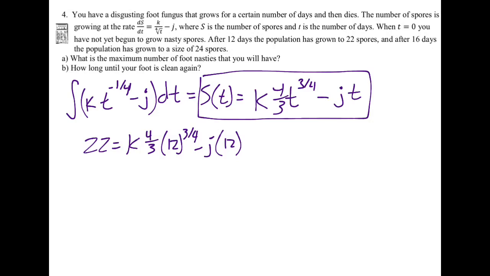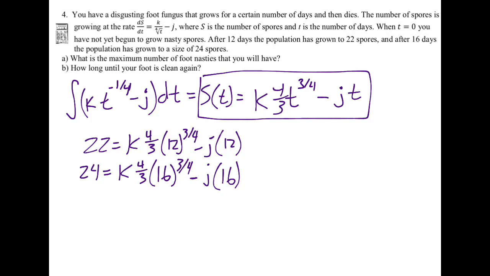And I also know that after 16 days, the population is 24. So 24 equals k times 4/3 times 16 to the 3/4 minus j times 16.